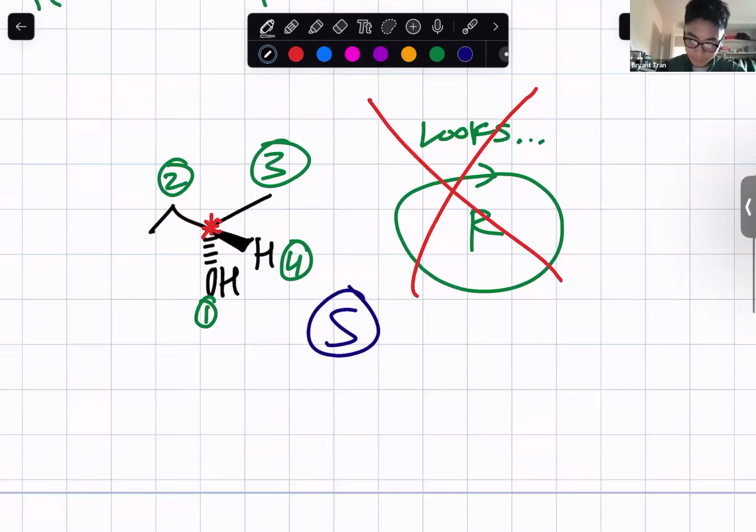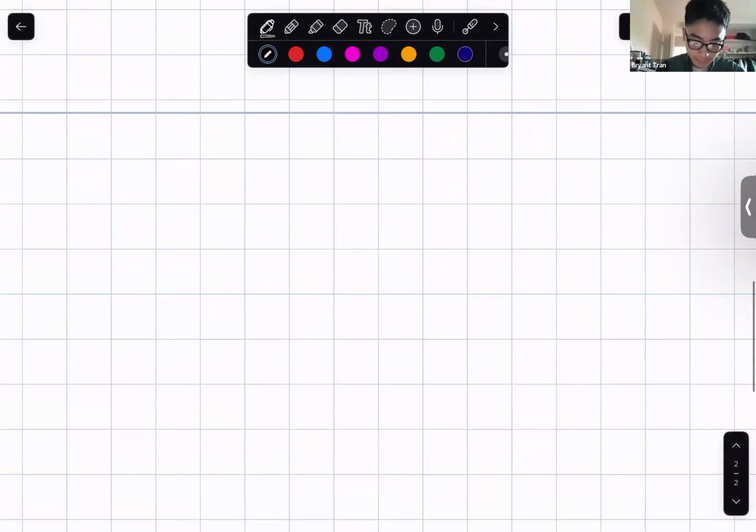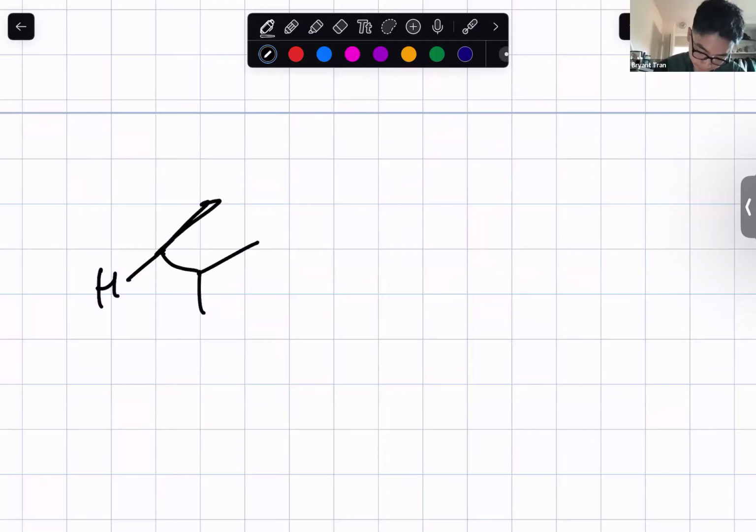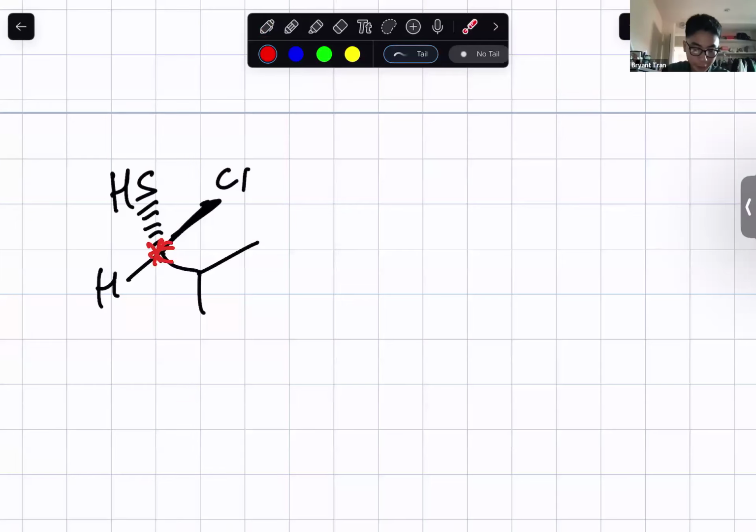So now there is another tricky example where the lowest priority group is on the flat planar bond. For example, if you have this chiral center here, we see that the lowest priority group, hydrogen, is not on a wedge or a dash bond.